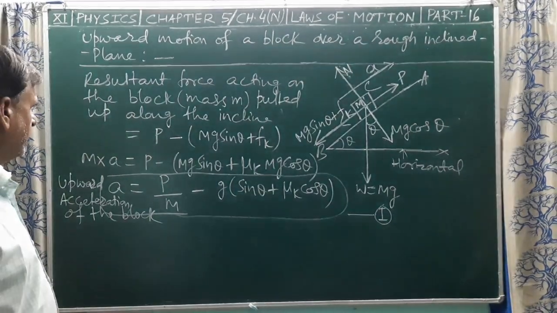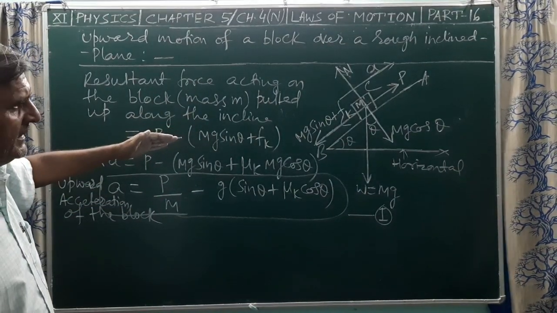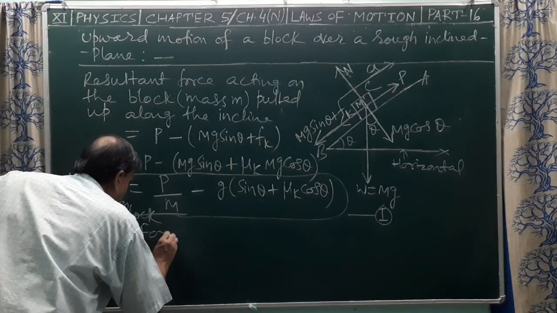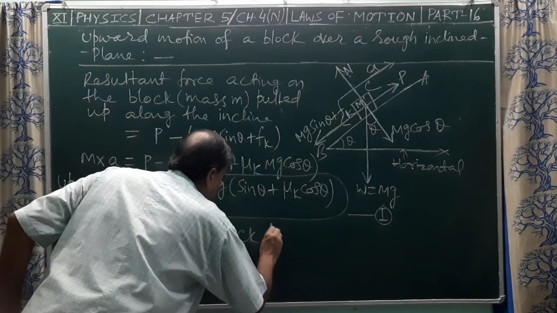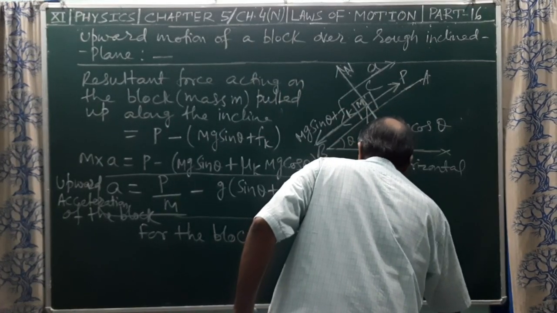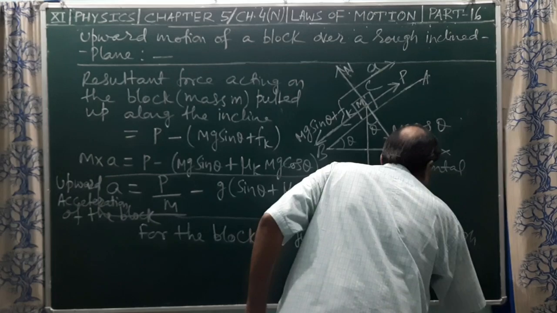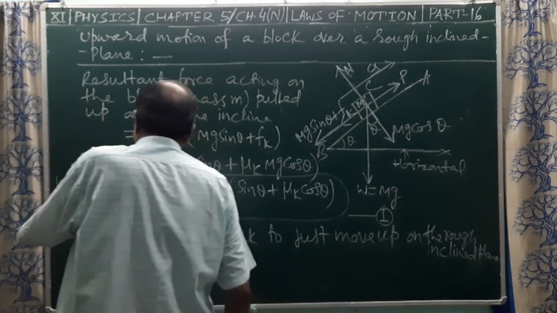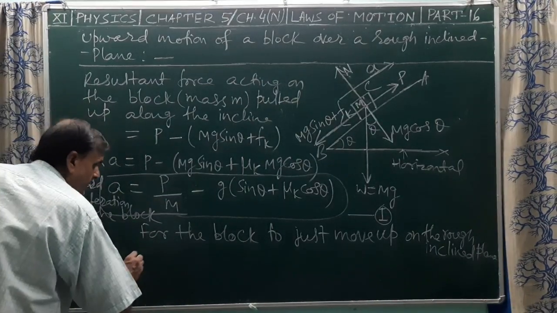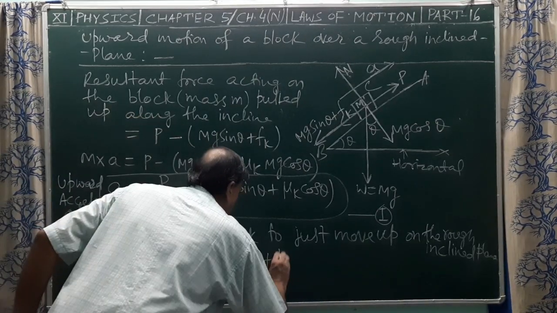Now if we have to find the external force acting on the body to just pull it up, then the acceleration will be 0, or if the block is moving upward with uniform velocity, the acceleration will also be 0. Putting acceleration equal to 0 in that case, for the block to just move up over the rough inclined plane, putting the acceleration a of the block on the LHS of equation 1 equal to 0, we have 0 equal to P by m minus g sin theta plus mu k cos theta.